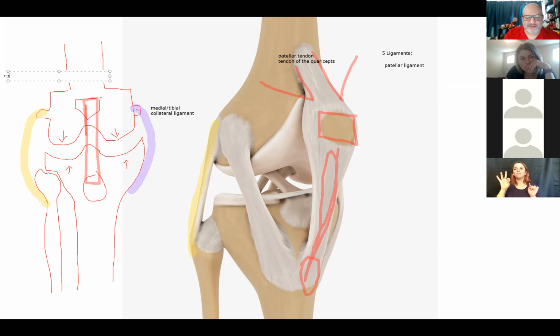So not surprisingly, this would be the lateral or fibular collateral ligament. So here we have three ligaments that are outside of the joint cavity to help support the knee and stabilize the knee in place.